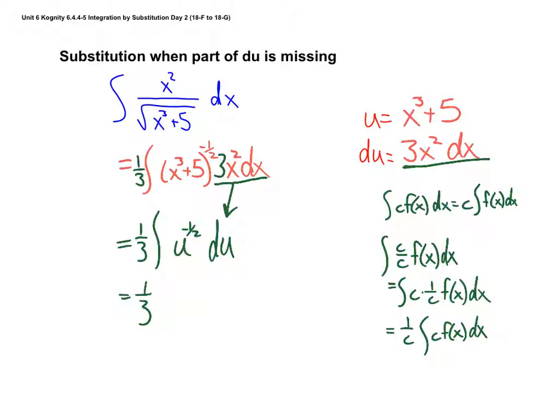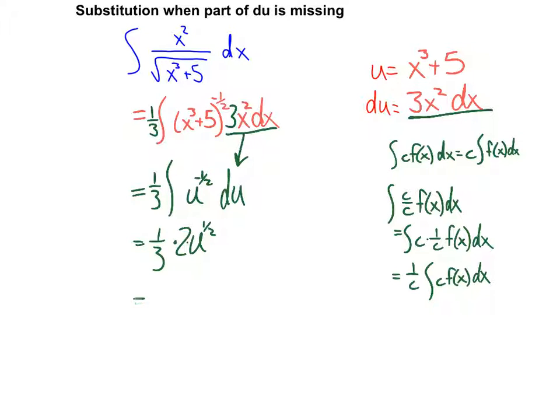So, at this point, all I've got to do is the integral of u to the negative 1/2, so it's u to the positive 1/2, divided by a half, which is times 2. And then I substitute back in for u. So it's 2/3 square root of x cubed plus 5.